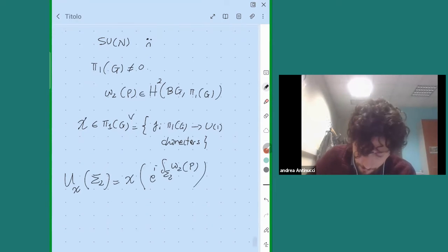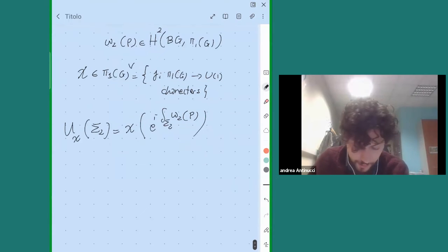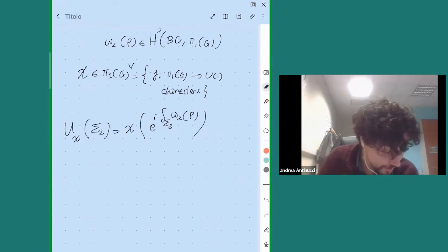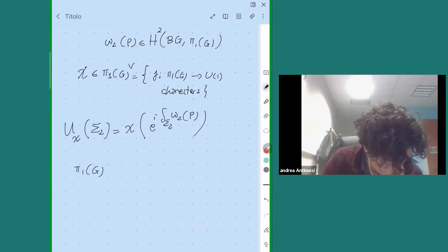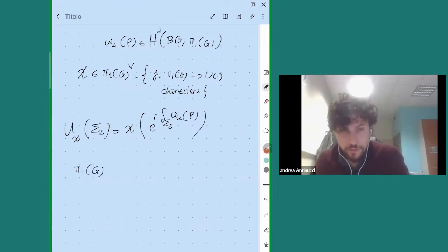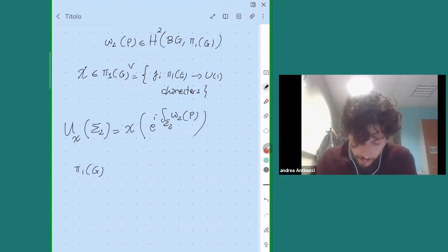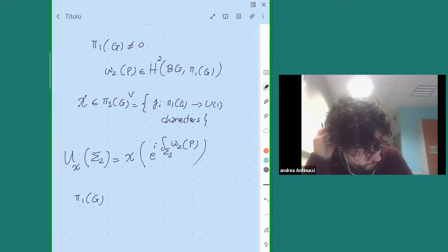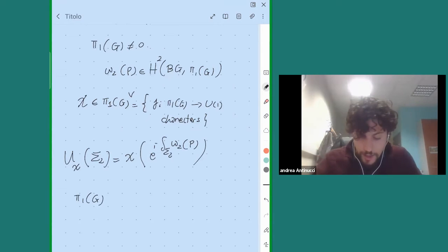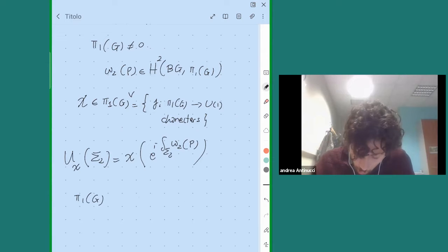So basically, what we are getting is that non-abelian gauge theories have magnetic symmetries, which are given by the π1. This group of representations for discrete groups is always isomorphic to the group, so this is the same. And this symmetry is always a d-3 form symmetry.